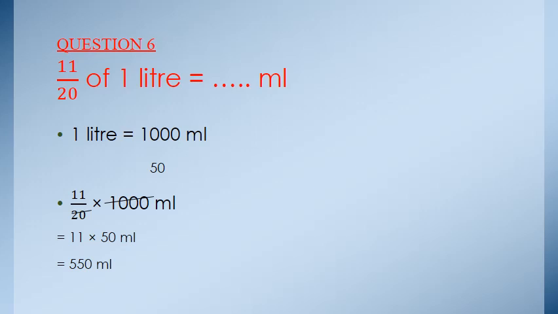So our expression is reduced to 11 multiply 50 milliliter. After multiplying 11 and 50, our answer came out to be 550 milliliter. So 11 upon 20 of 1 liter is equal to 550 milliliter.